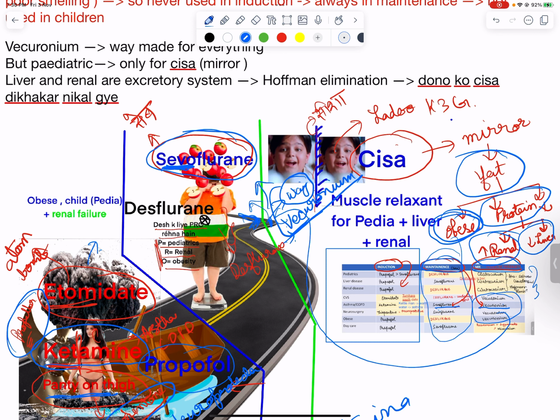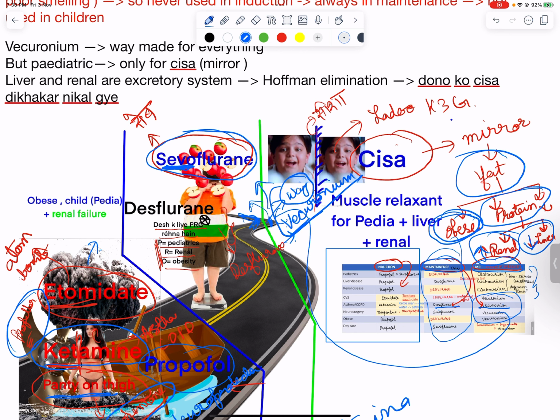And if he is obese, then we will use the shisha also. And if he is fat because of reduced protein, it can be due to increased protein loss by the renal system or decreased synthesis by the liver. So ultimately they will lead to edema and the child will appear fat.